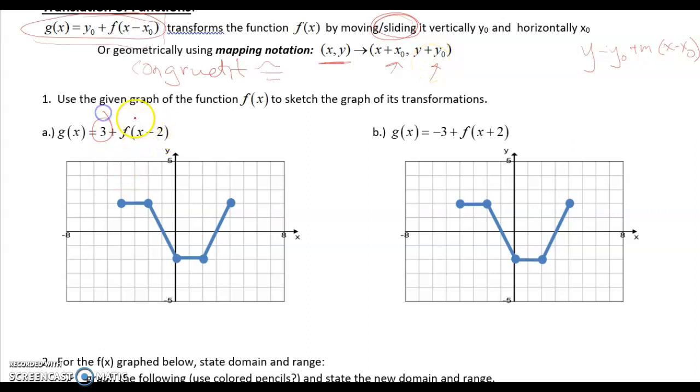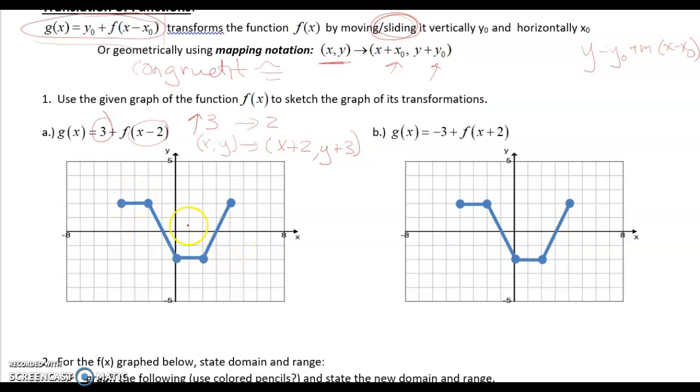This piece says move it up 3. This piece says move it to the right 2. It also says take any x, y point on the object and move it to x plus 2, y plus 3.